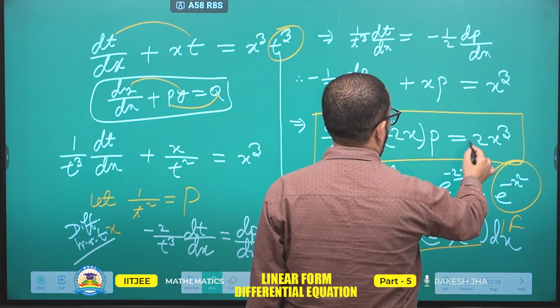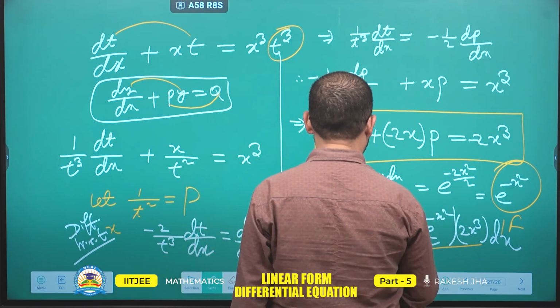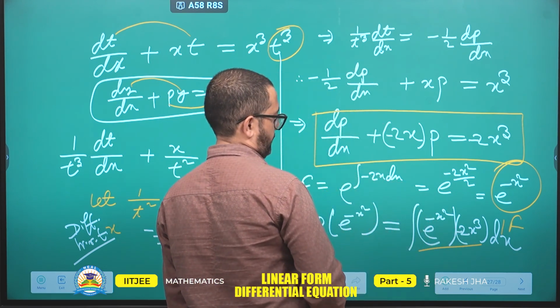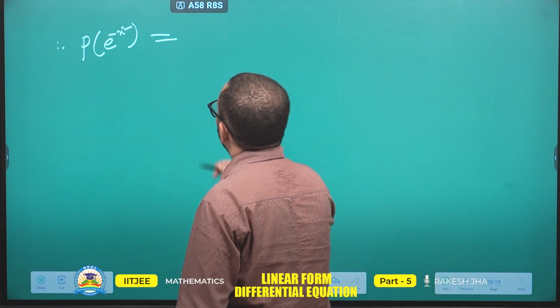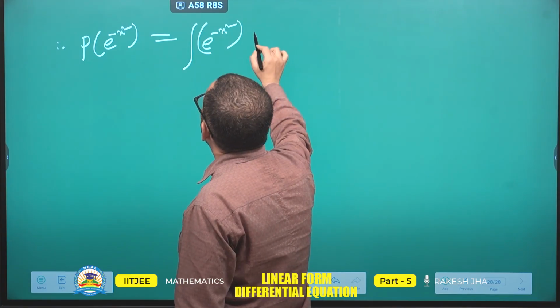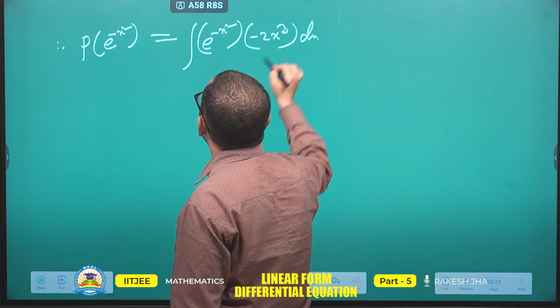So here also we will have the negative sign. So q is actually nothing but minus of 2x cube. Integral of e raised to power minus x square, then minus of 2x cube dx.